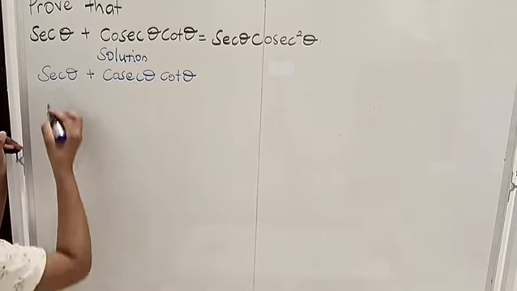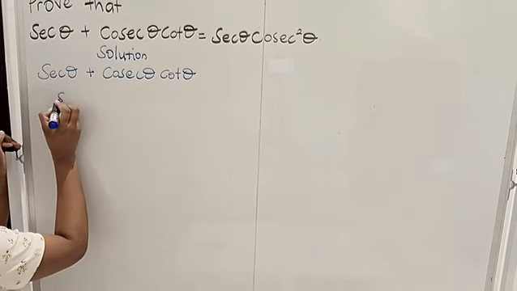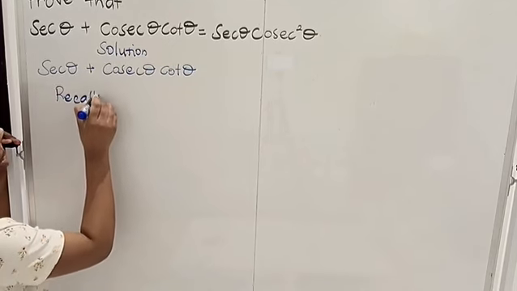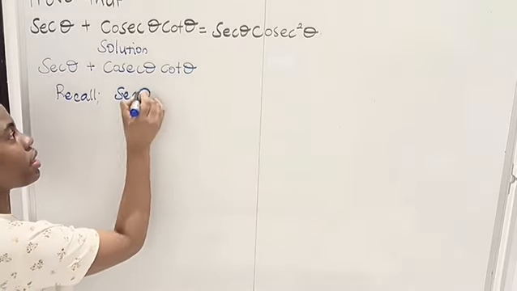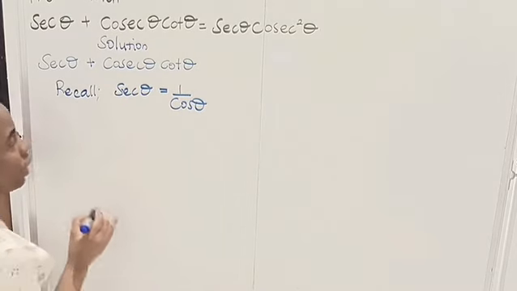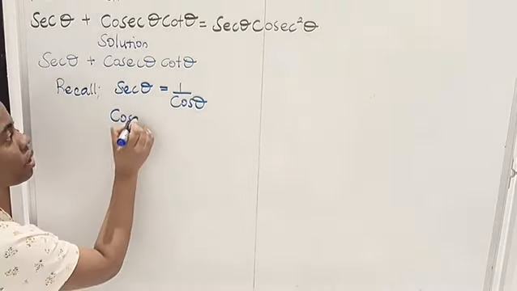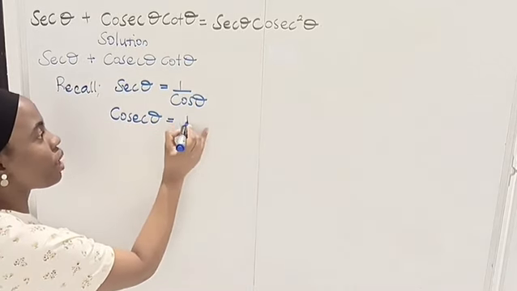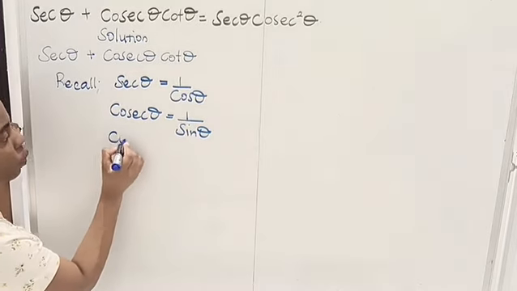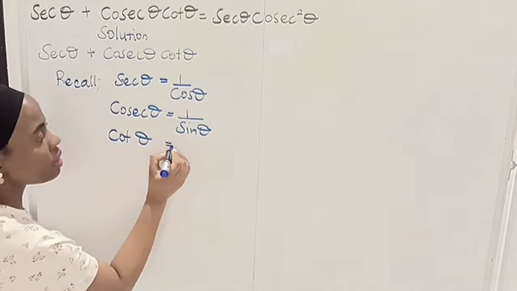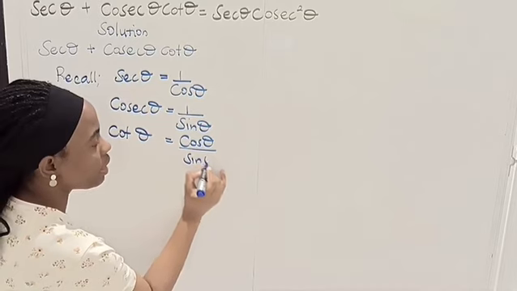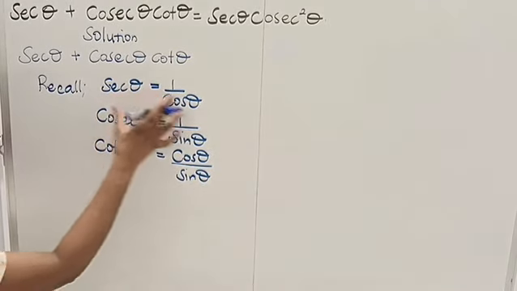Let us recall that sec theta is equal to 1 out of cos theta, cosec theta is equal to 1 out of sine theta, and also cot theta is equal to cos theta out of sine theta. So this is what I'm going to use.